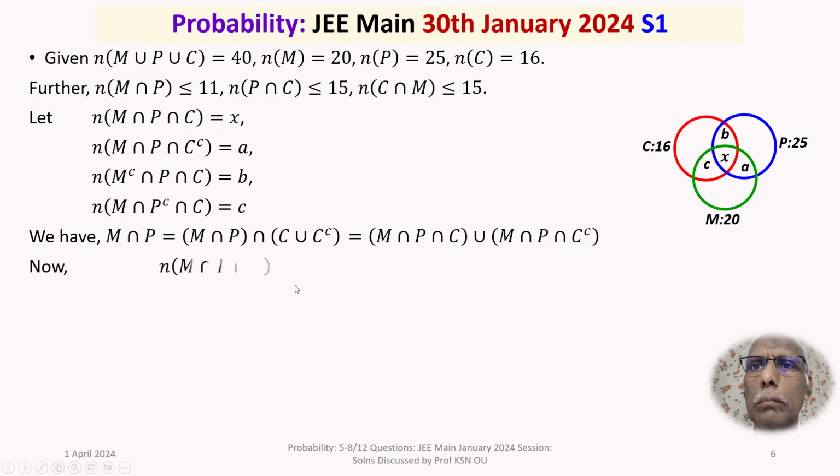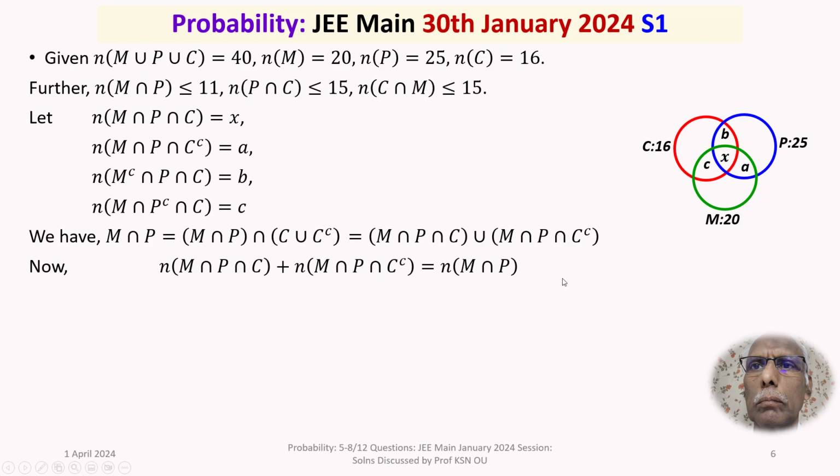Right. So now you take the number of elements present in it. So n of M intersection P intersection C plus n of M intersection P intersection C complement is equal to n of M intersection P. Why is it plus? It is plus only because it is a disjoint union. The intersection is empty.